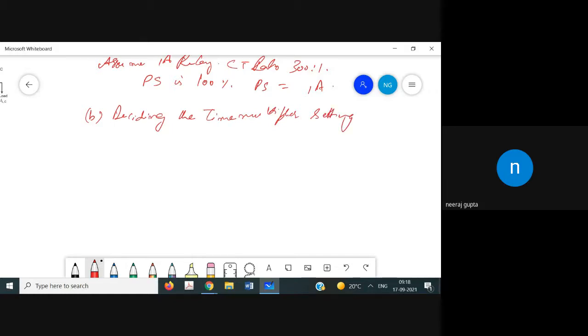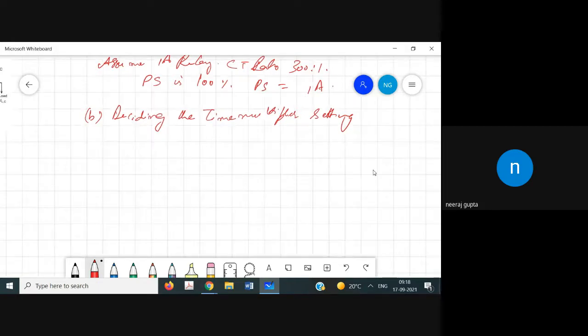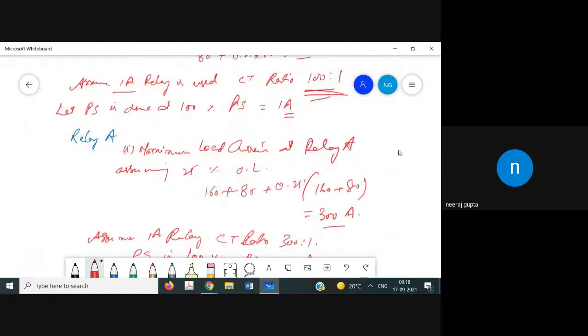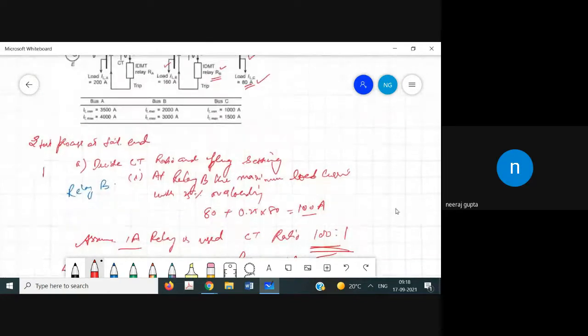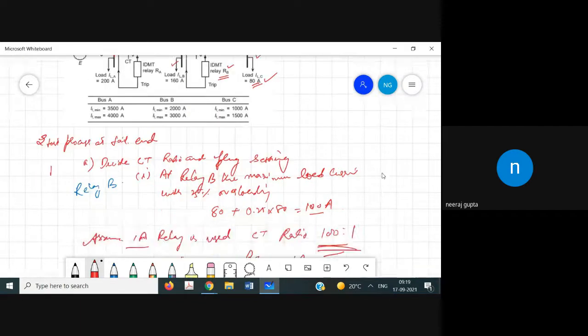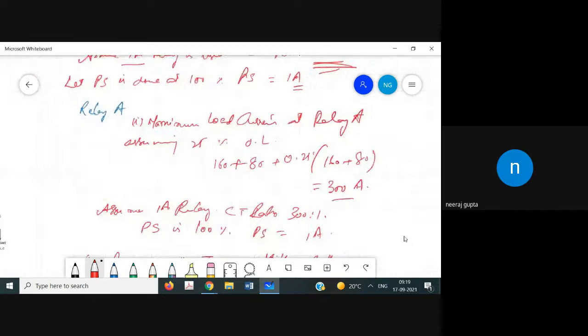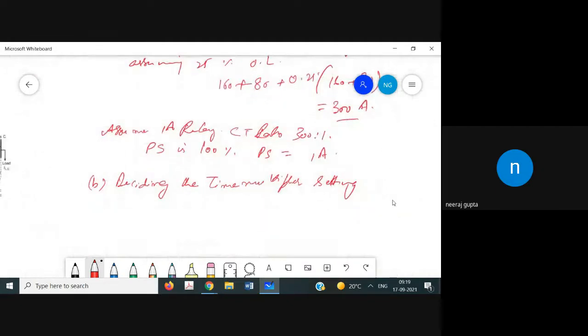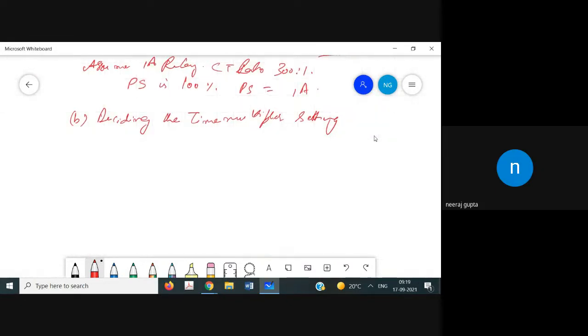As per the previous lecture, we have to do the setting from the tail end of the relay. In this case, the tail end of the relay is RB. Why are we doing it from the tail end? Because this relay doesn't have to coordinate with any other relay. So we will start the setting from the tail end of the relay.